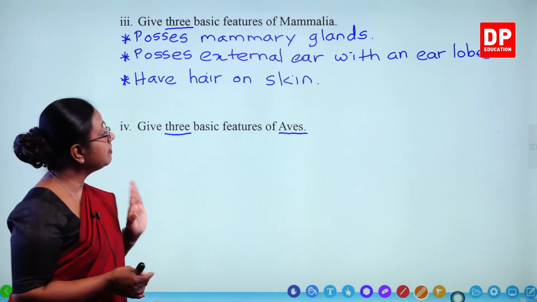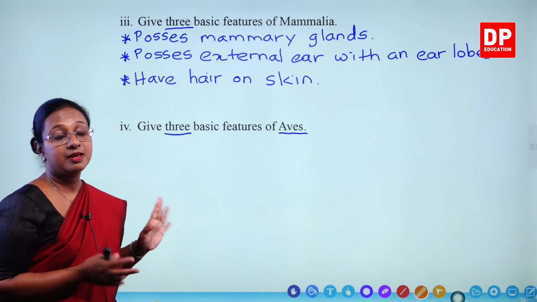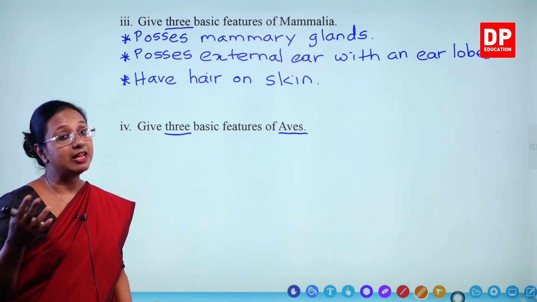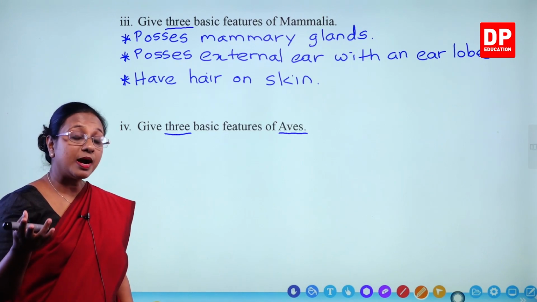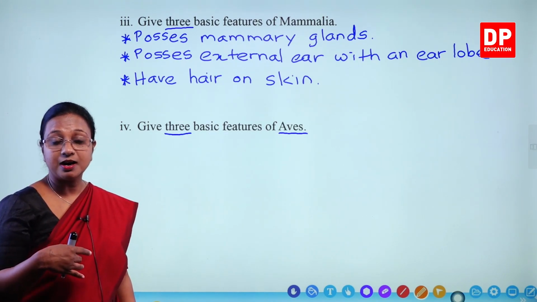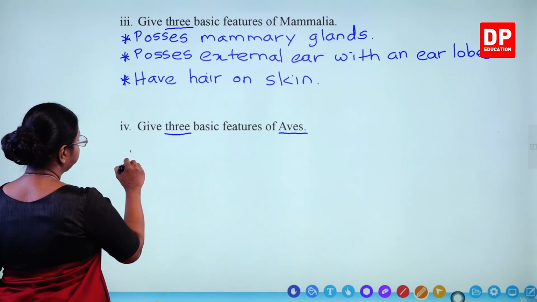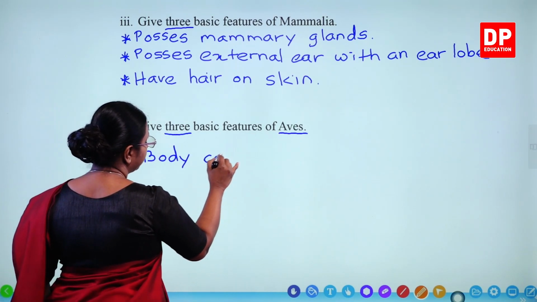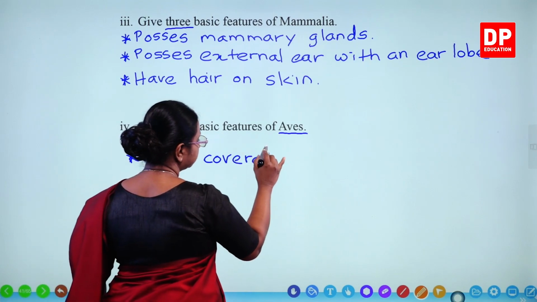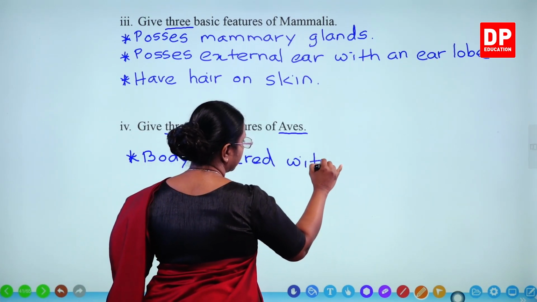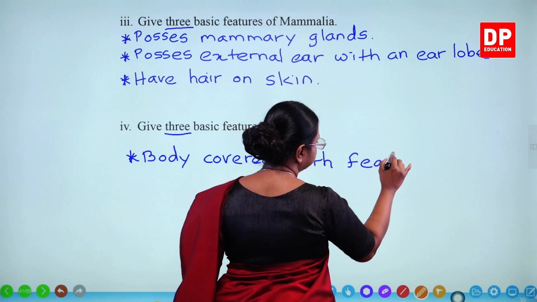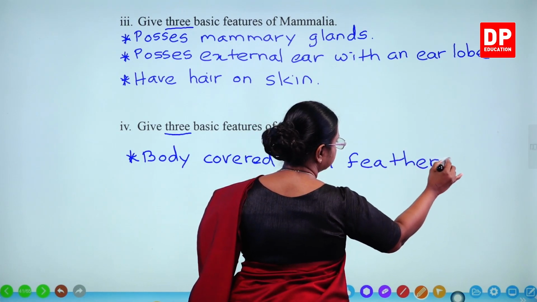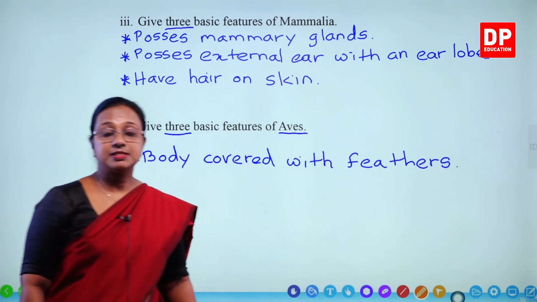So, give 3 basic features of aves. What can you say? They are well adapted for flying. So, what do they have? Their body is covered with feathers. So, body covered with feathers. What else?